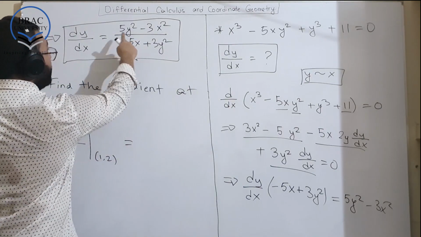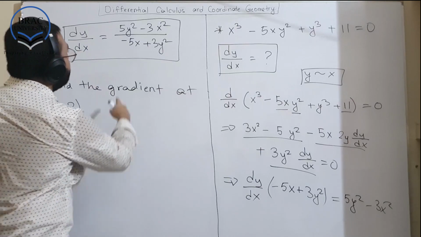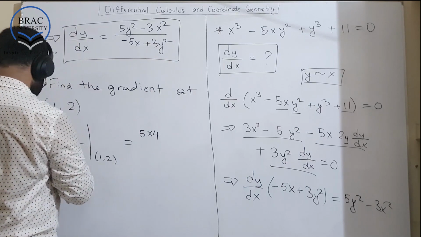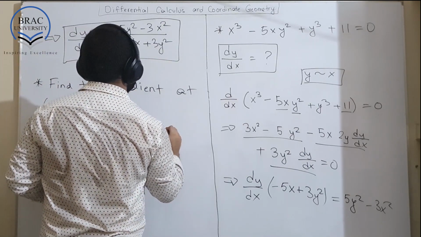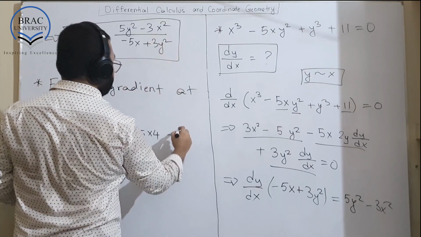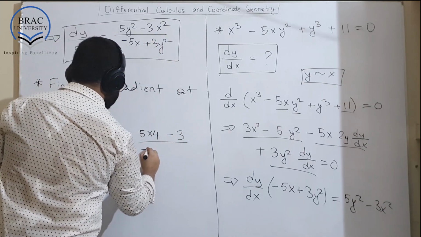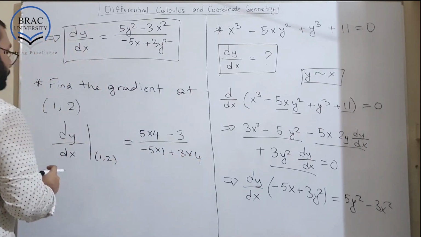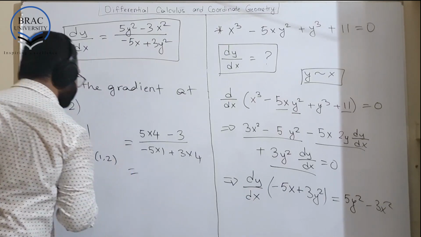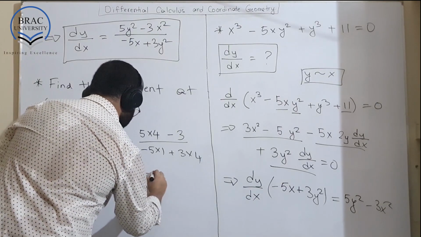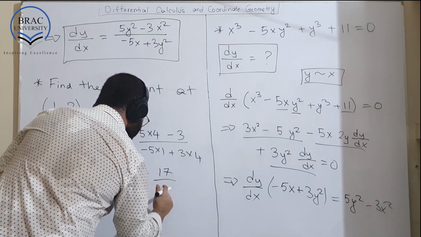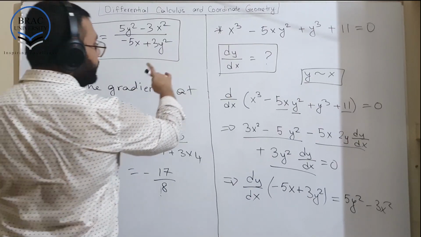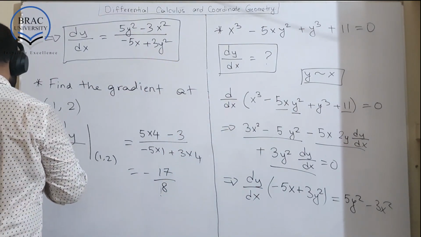Let's see what happens. 5 times 4 minus 3, over minus 5 times 1 plus 3 times 4. It's something like minus 17 by 8. So this procedure is called implicit differentiation.